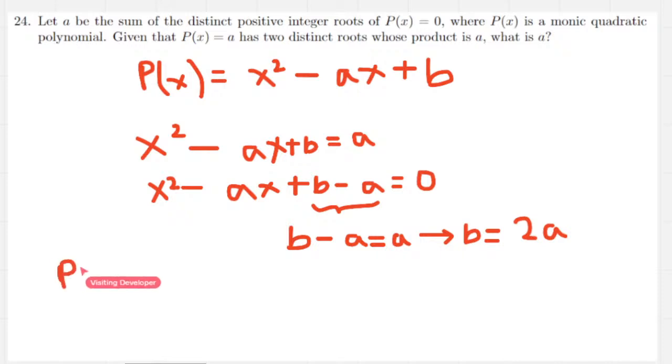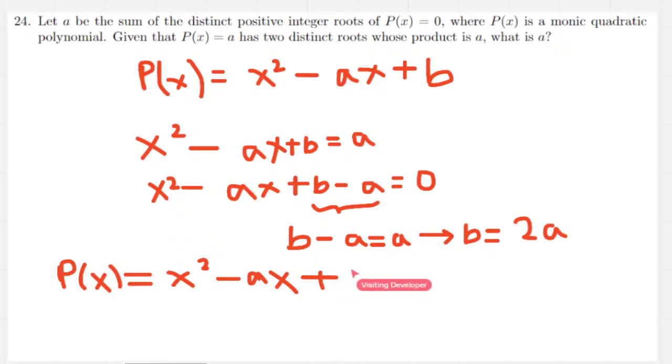And so now we can rewrite p of x as x squared minus ax plus 2a.